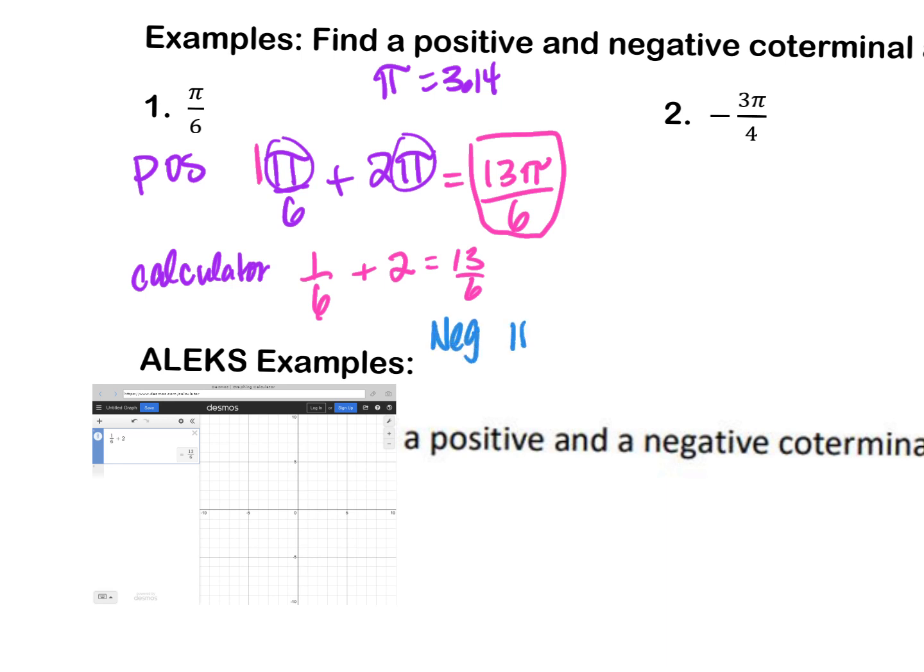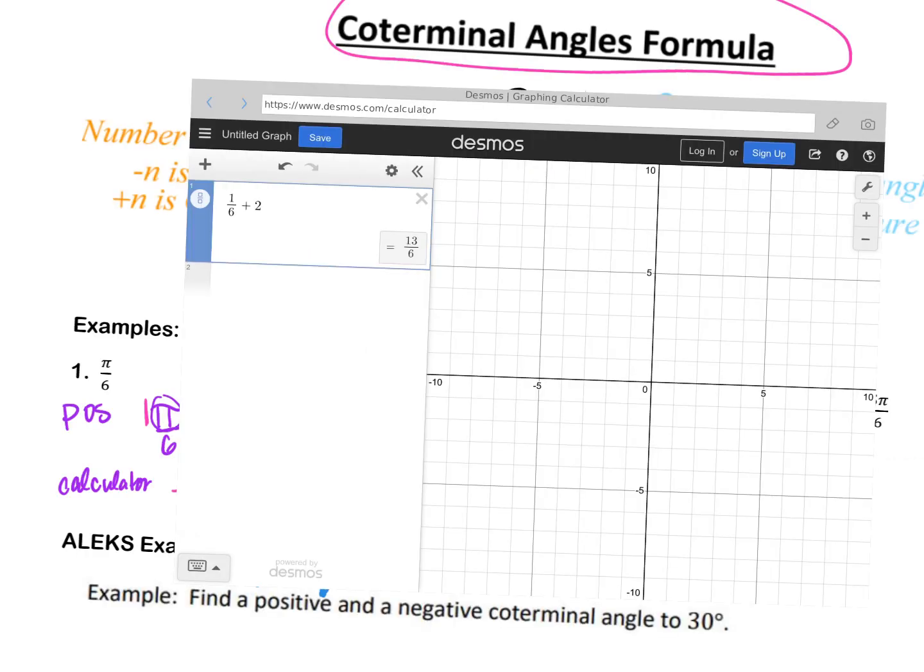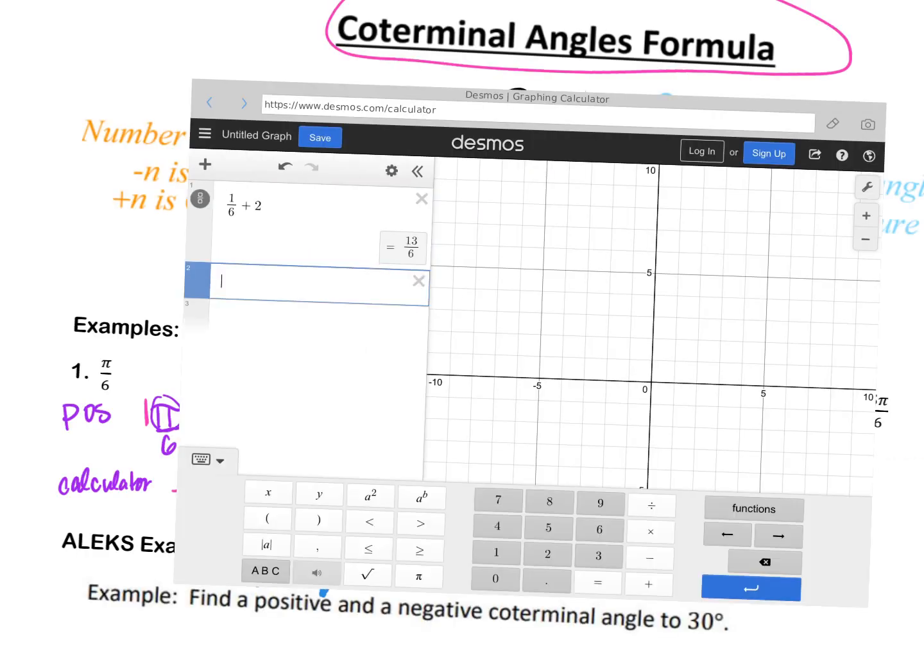So we're going to do pi over 6 minus 2 pi. Again, on the calculator, we're going to do 1 over 6 minus 2. So let's go ahead and go to the calculator here. Okay, so right here we're going to put 1 over 6, and we're going to subtract 2. Notice we get a really messy number.